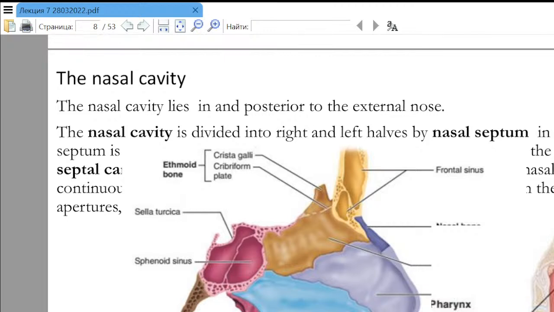This is the vomer. You see the septal cartilage and hard palate. This is the horizontal plate of the palatine bone, and you see the palatine process of the maxilla.